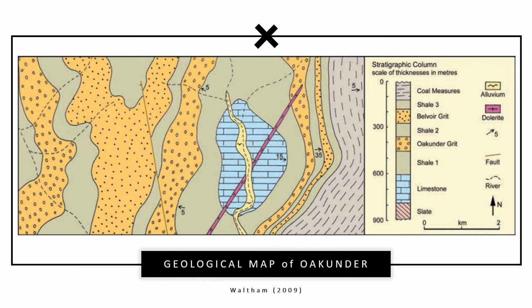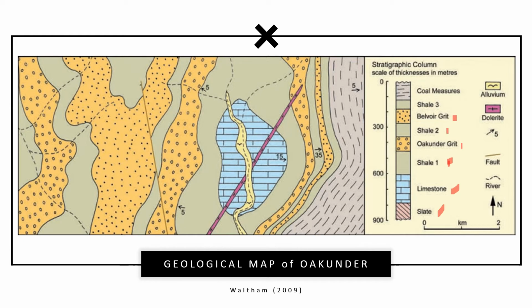As you can see, the succession is already given in the map, and the one that is underneath all of the layers is the oldest rock outcrop, and this is the slate, and then it is followed by the limestone, and then the next one is the shale. And we have three layers of shale here. Following the limestone is the shale, and then the next one is the Oconder grit, and then the shale 2.